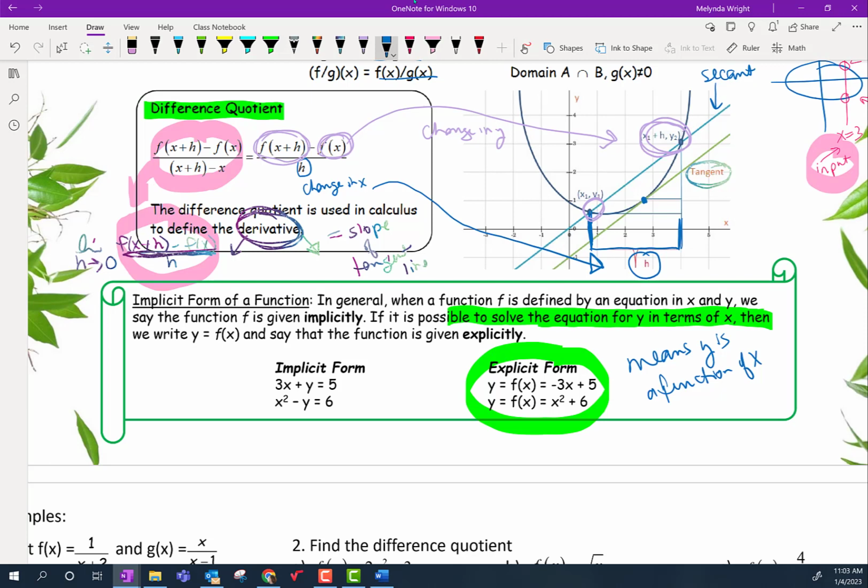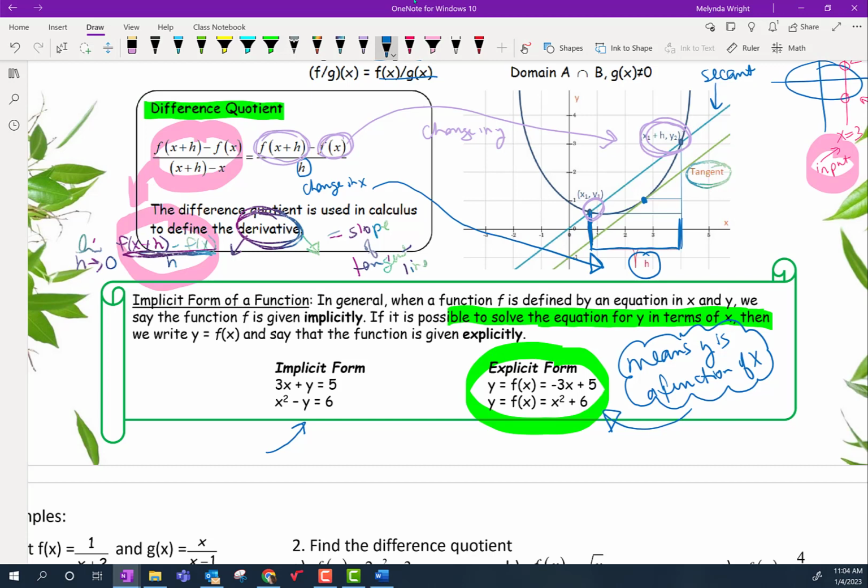What that's really saying, in code words, is: is this written in explicit form, or is the equation written in implicit form? Explicit means y is a function of x. I know the wording can be very confusing, so I want to make sure we completely understand. When you see that in your homework, it's asking you if the equation is written explicitly or implicitly.